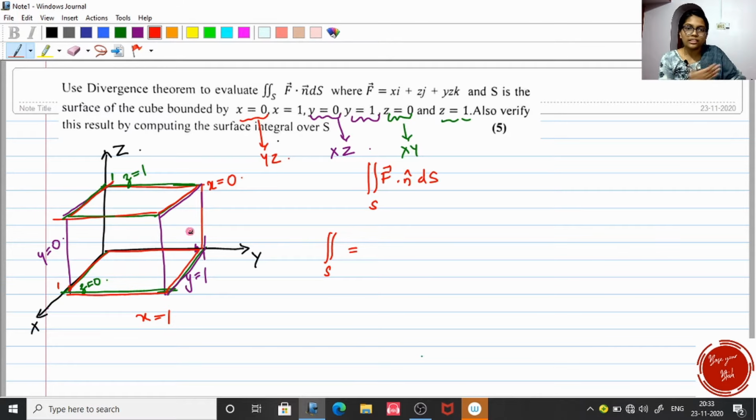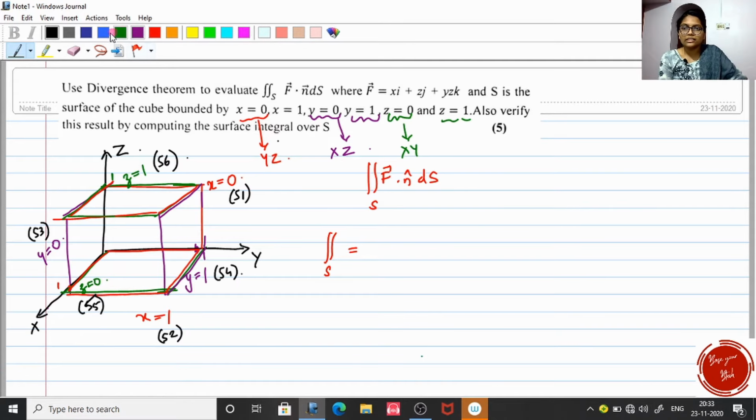Let x equal to 0 be S1, and here is your S2, x equal to 1, and y equal to 0 is S3, y equal to 1 is S4, z equal to 0 is S5 and z equal to 1 is S6.